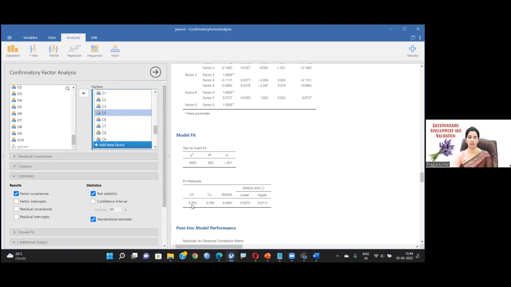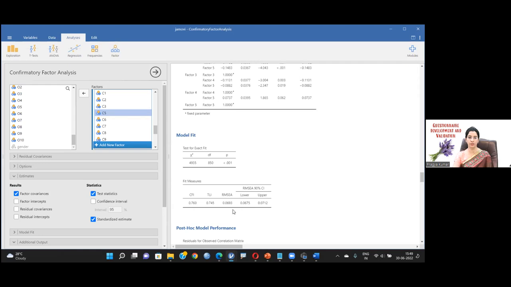Initially it was 0.755. Right now it is 0.760. But it will not be like 0.9, because 0.9 will only be there when it is 0.8 or something. And the initial variance was also very less, it was only 40%. So that's why it is not a good fitting model. So you can just write that in your interpretation.